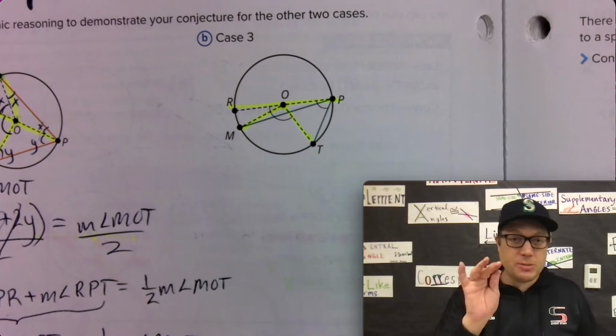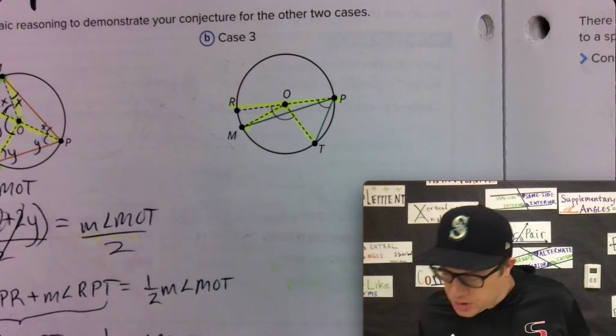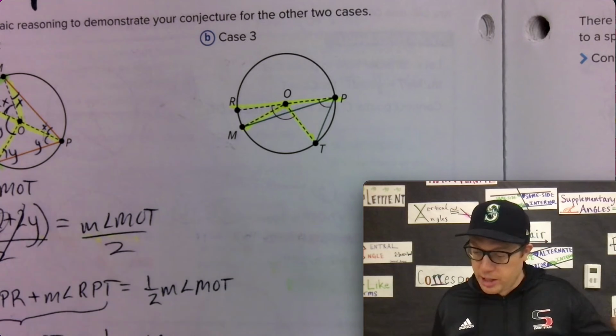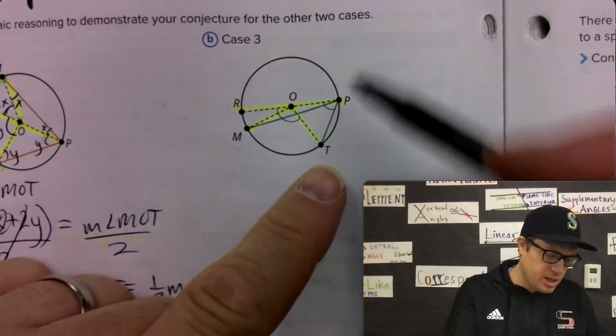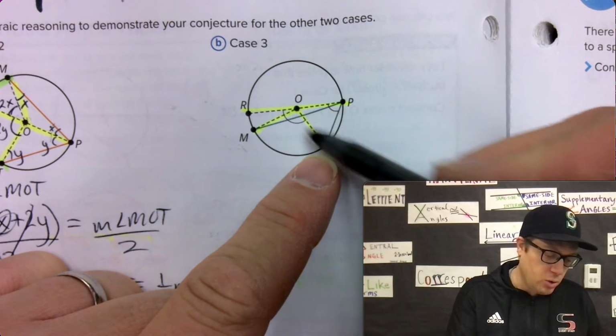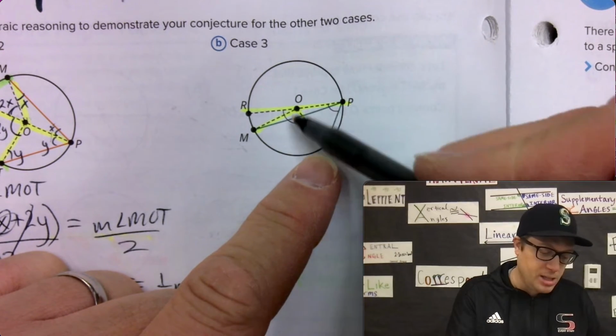Now, in this picture, what we're going to do is cleverly label the base angles of the isosceles triangle. Let's focus on this one first. Okay, let's focus on the triangle created with OPT.